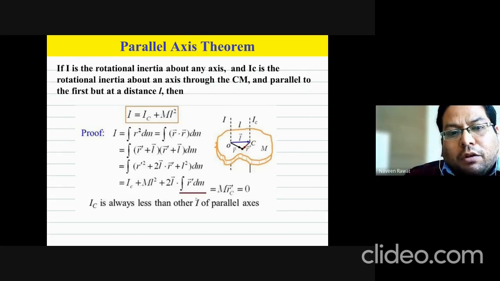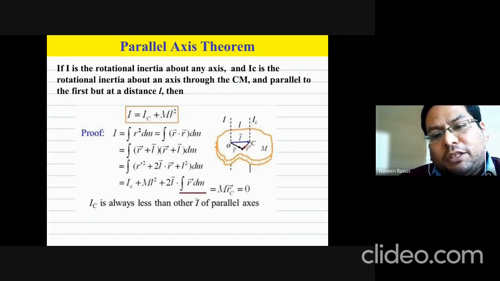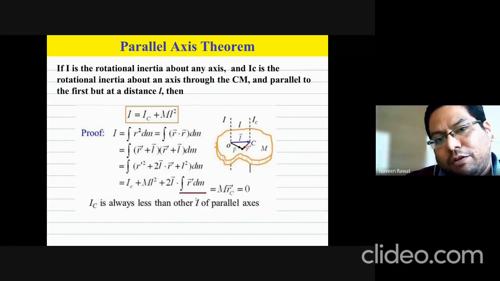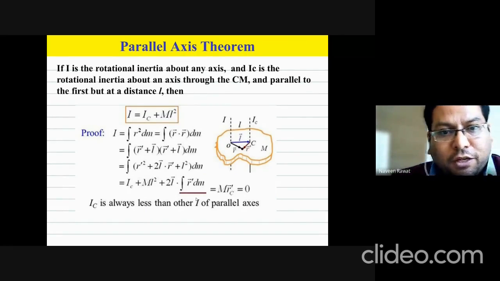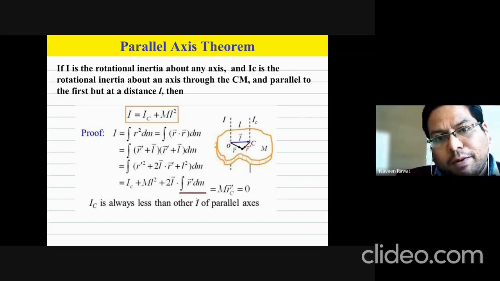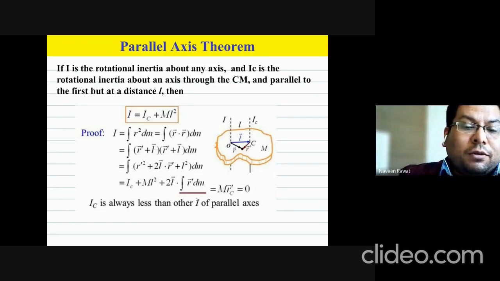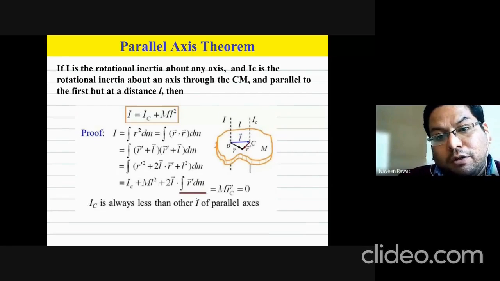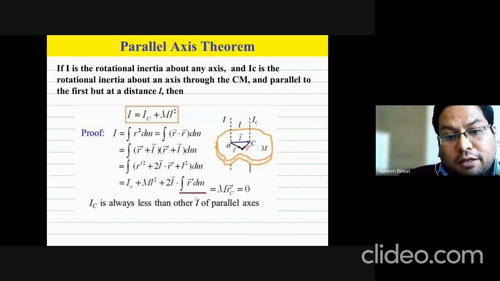Sometimes the situation might be that the object is not rotating about its axis of symmetry. Then what will we do? We can use the parallel axis theorem and the perpendicular axis theorem to do quick calculations of the cases where the object is not rotating about its axis of symmetry. So we have our object here.